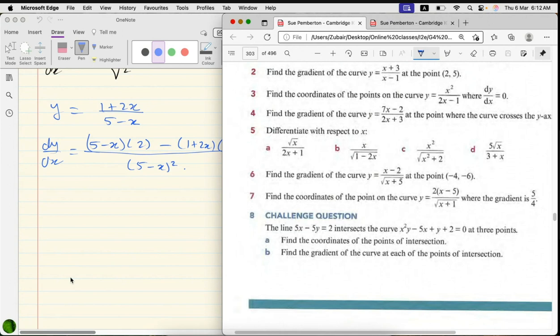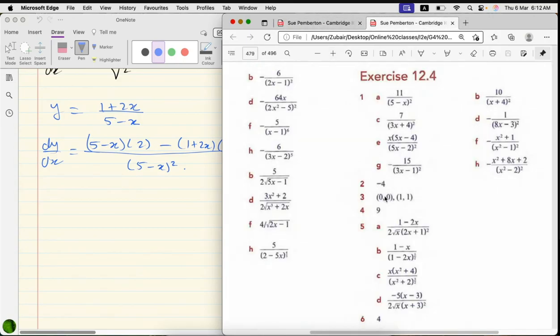Minus 4, negative 4. You getting it? I was getting normal 4.